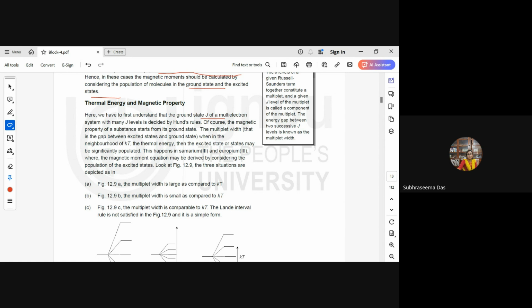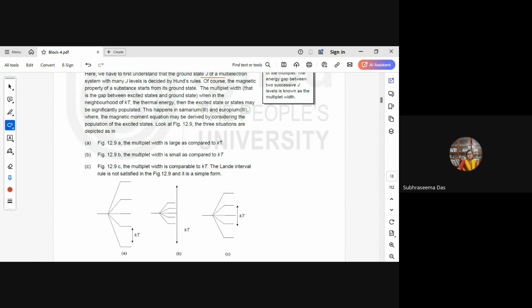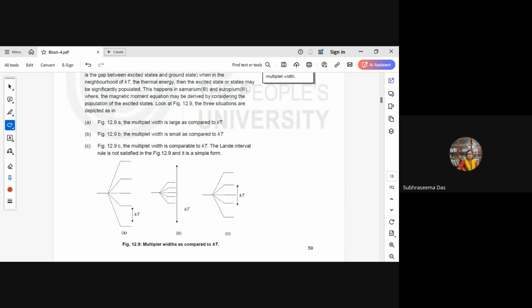Let us summarize these three situations. In figure 12.9a, the multiplet width is large and almost comparable to kT. Here we can see this distance is kT, and the multiplet width is similarly large. In figure 12.9b, if this is kT, then the multiplet width is much smaller compared to kT.